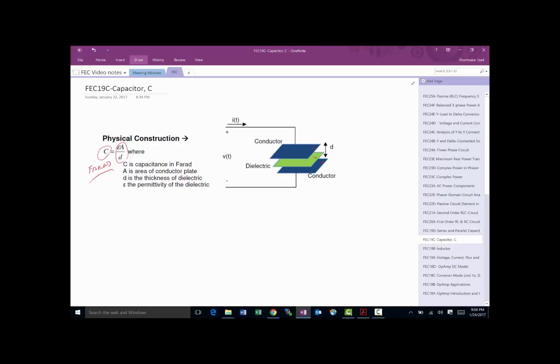Now, in the circuit, of course we don't want to draw the physical diagram, and instead we draw capacitors typically like this. Now most non-electrolytic capacitors don't care which side is positive and which side is negative, but there are some that may be drawn with the positive side and the negative side.